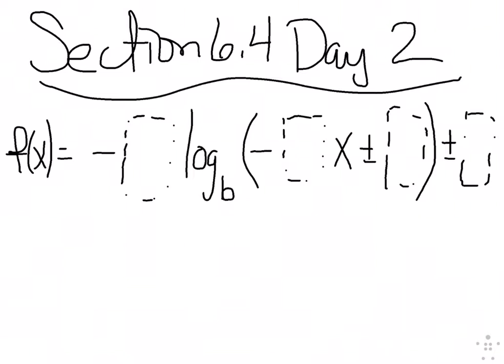Now, I did not write in there all the different pieces of what each one does, only because I think we've done it enough times that you guys told me every single thing that was going on. You guys know. So here's the way your problems are going to look.